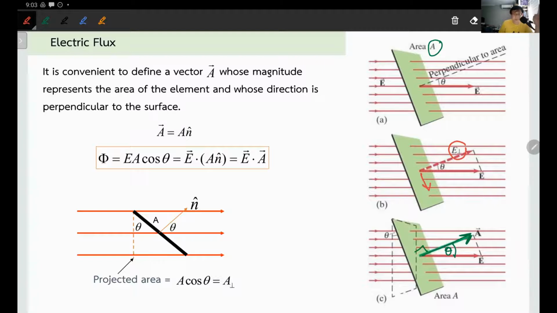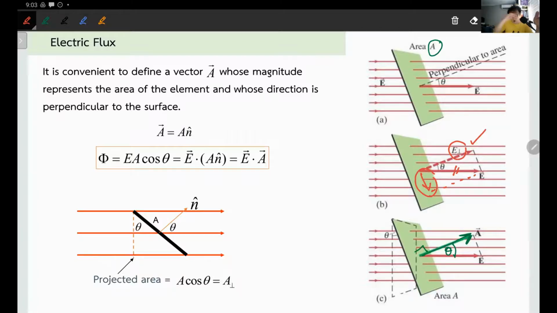Then I said the parallel component of the E does not contribute to any electric flux through this area, because electric flux only counts the electric fields that point perpendicular to the actual area. So this is the only component I'm going to count towards the electric flux. You guys with me?